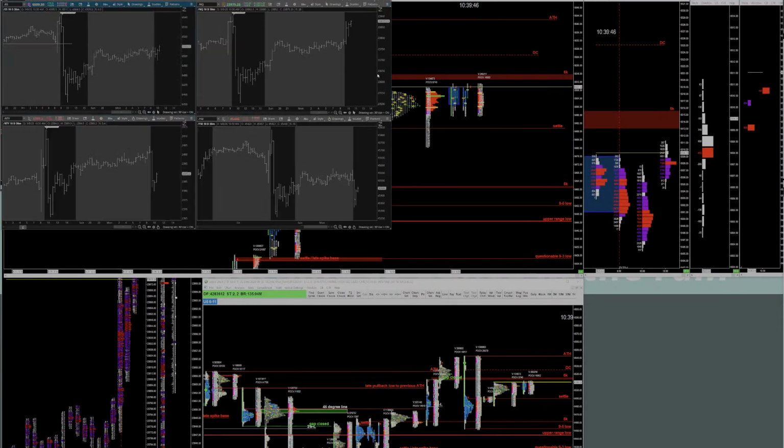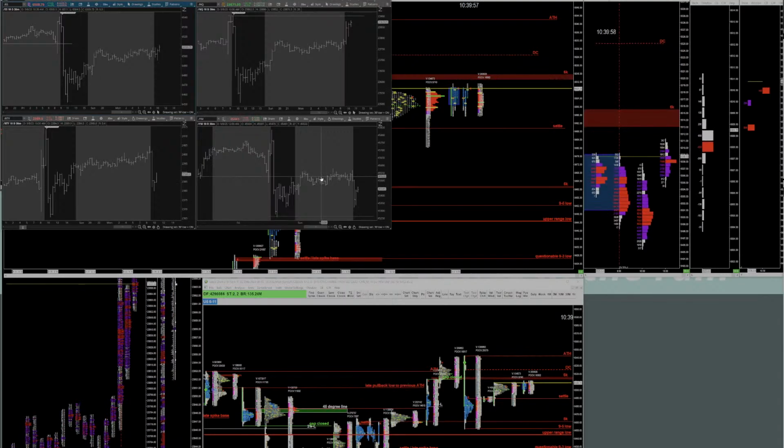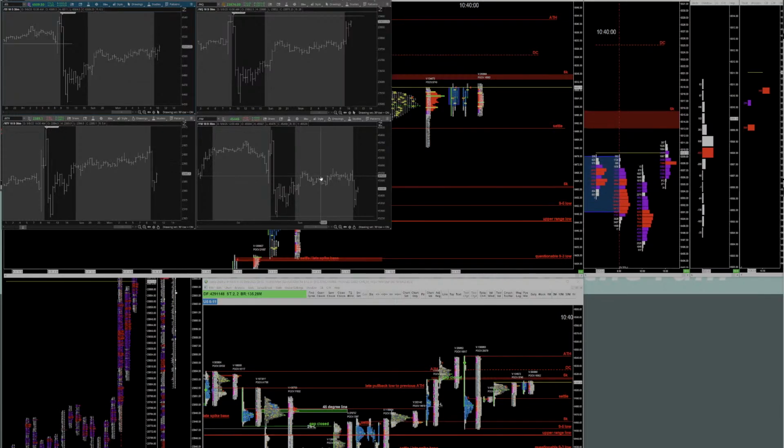Right? Now let's go back to the intraday as well. All these indices are inside previous range and with good odds of rotation.